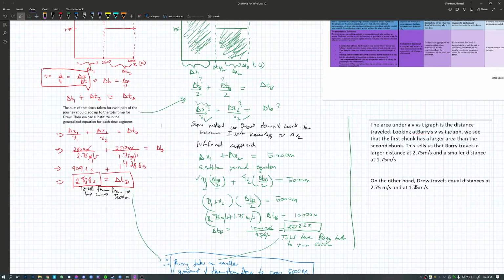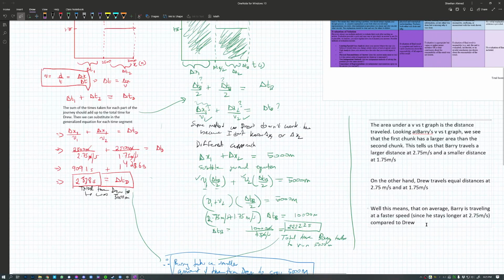Well, what does this mean about average velocity? Well, this means that on average, Barry is traveling at a faster speed compared to Drew. Right? Does this make sense? Barry stays longer at 2.75 meters per second compared to Drew.